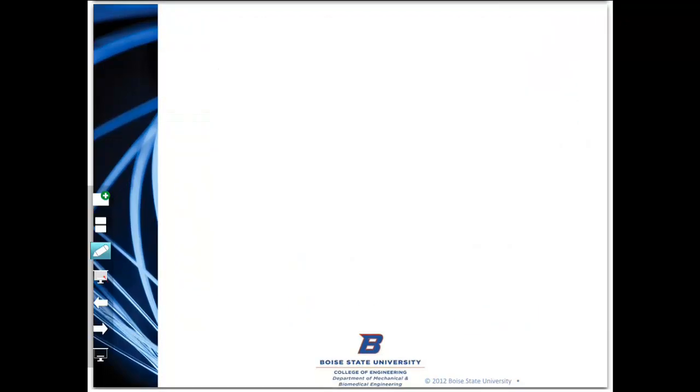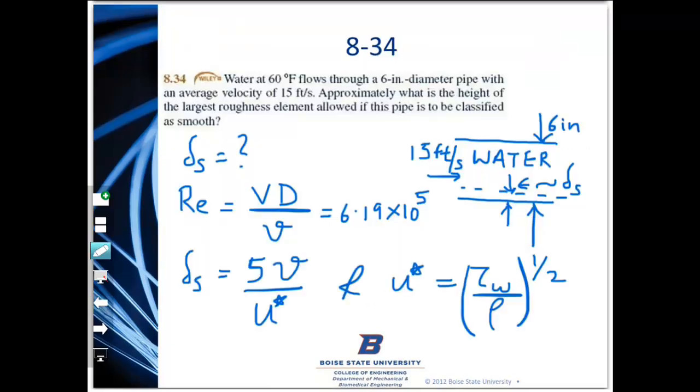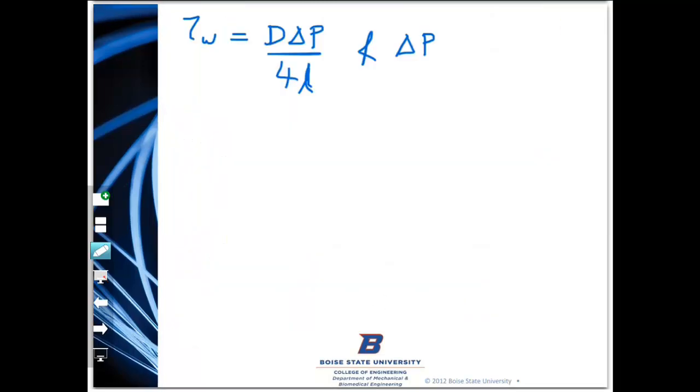However, what I can do is write tau wall in terms of the pressure gradient. In this case, I don't know the length of the pipe, I don't know the pressure gradient, but I know that for a turbulent flow, because you see that your Reynolds number is 6.19 times 10 to the 5, it's obviously turbulent flow. So delta P for a turbulent flow is F, the friction factor, L over D times rho V square over 2.